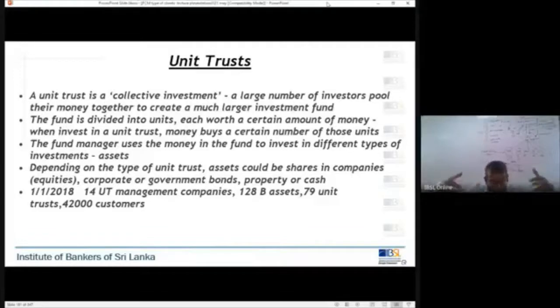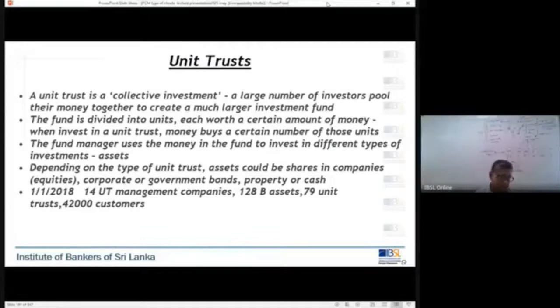A unit trust is a collective investment. A large number of investors pool their money together to create a much larger investment fund. Clear?